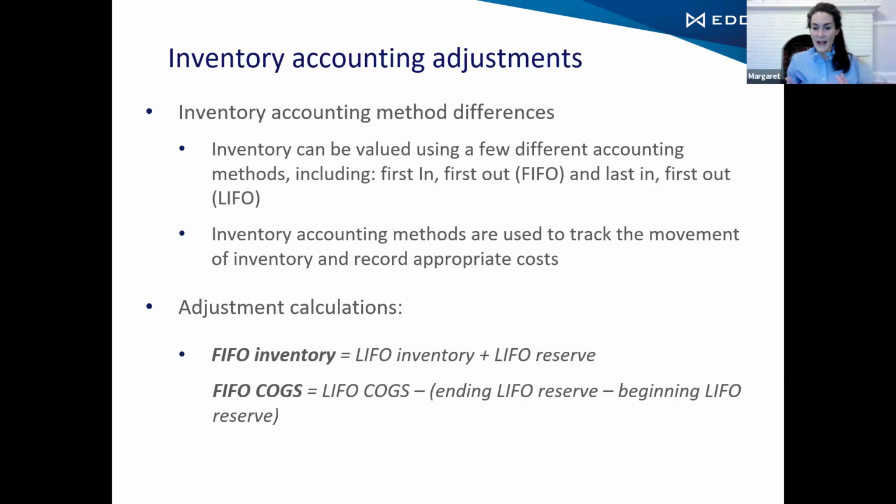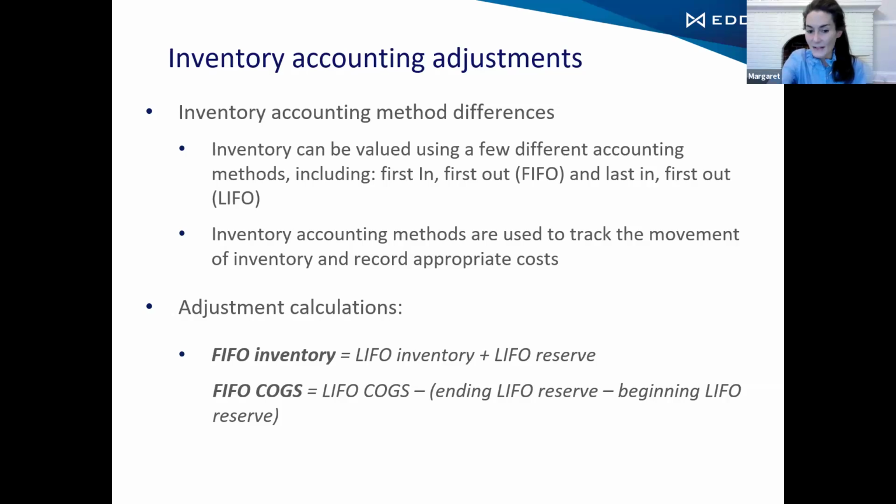So to make an apples to apples comparison, we change all of the financials to a LIFO method. And the calculations for that are a little bit simpler than they are for the capital intensity adjustment. You just add the LIFO reserve to inventory to get your new inventory amount.